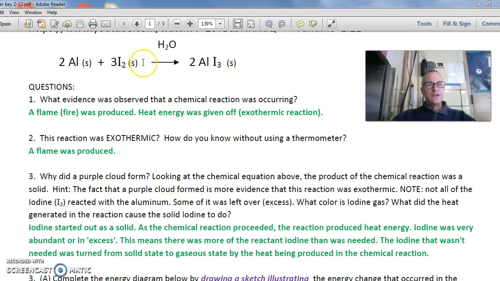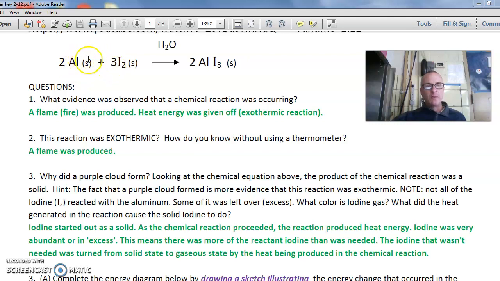Well, we know that this reaction was generating heat. Iodine starts out as a solid. If you remember, the demonstrator kept mentioning that the iodine was present in excess. That means the experimenter purposely put in more iodine than was needed.